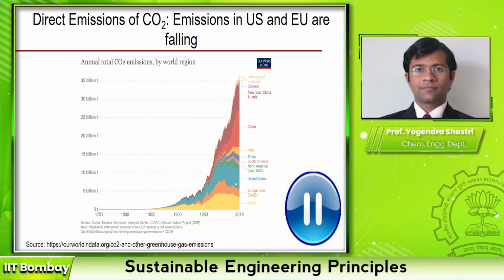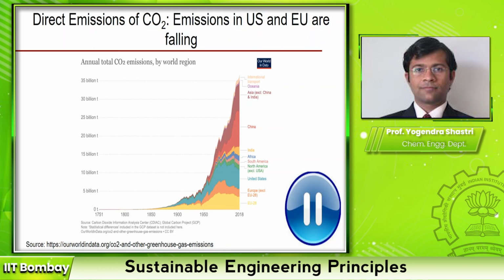United States also has gone down a little bit, or at least stayed constant, but China and India have increased significantly. Now the question is whether this blame on India and China is fair. Is it fair for United States and European Union to blame India and China for climate change?